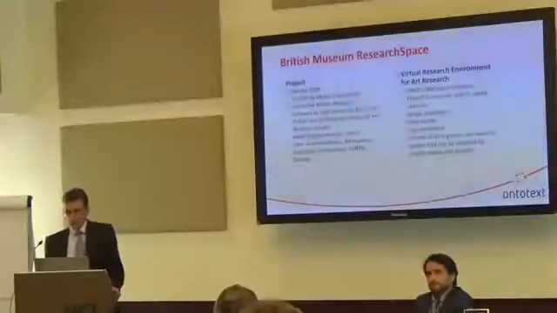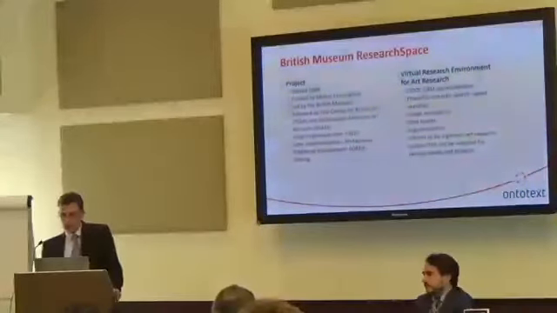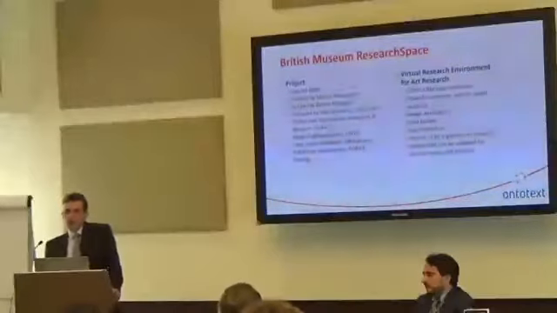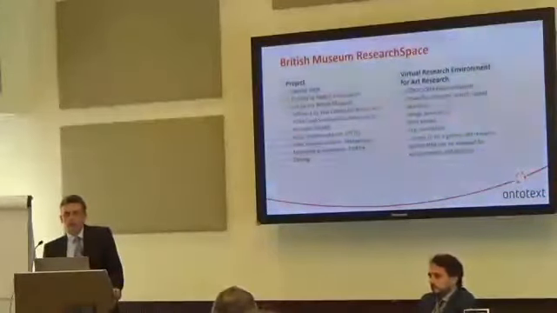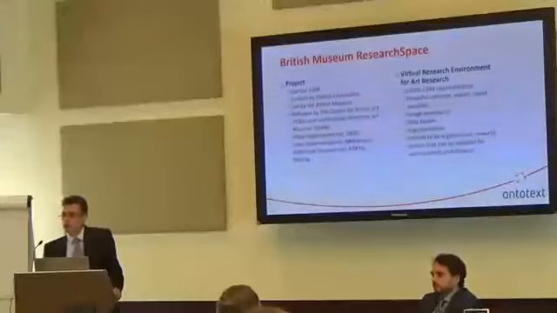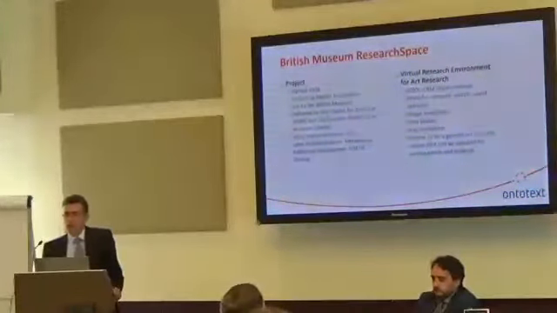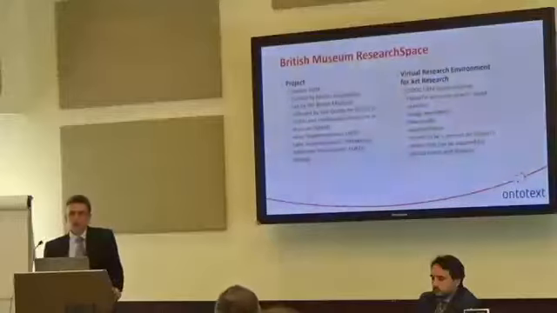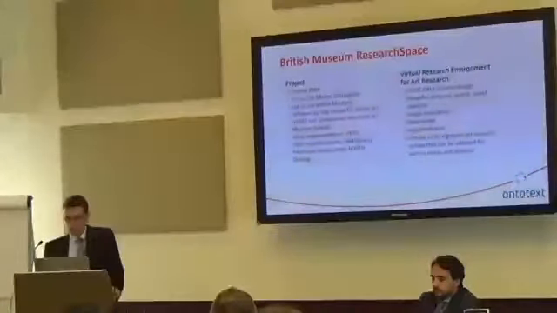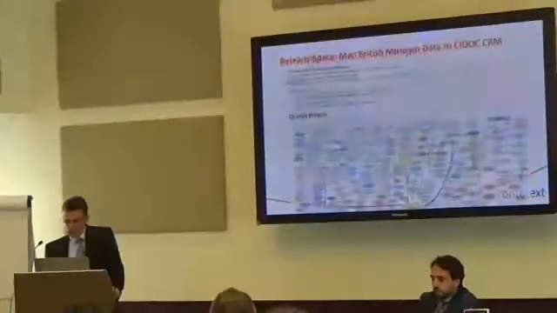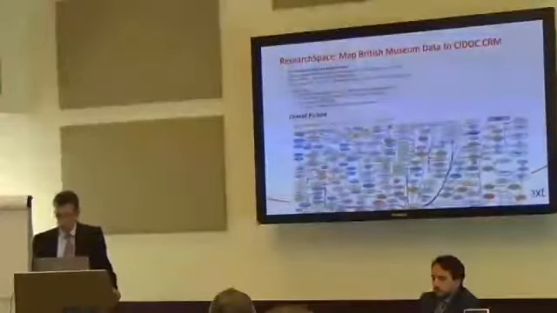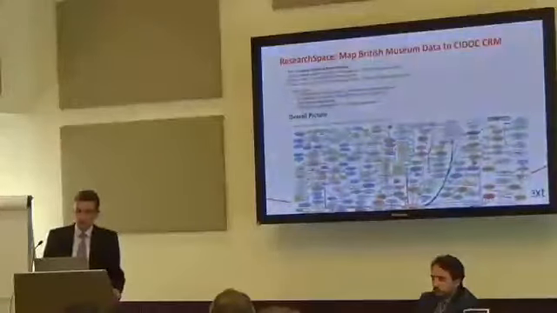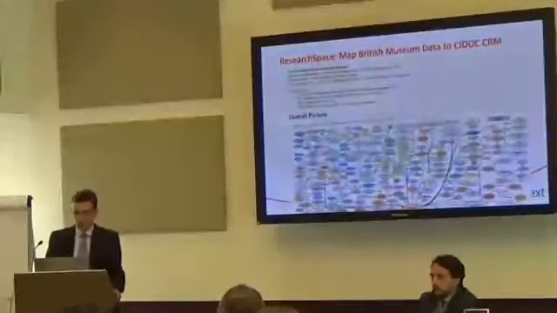Then the British Museum ResearchSpace project. So it's a virtual research environment for art research. The problem is that it didn't have very well-defined requirements of what really an art researcher needs in his daily work, unlike ConservationSpace, which started with 3 years of requirement gathering. And as part of that project, it was one of the first large-scale projects to convert real museum data to CIDOC CRM.